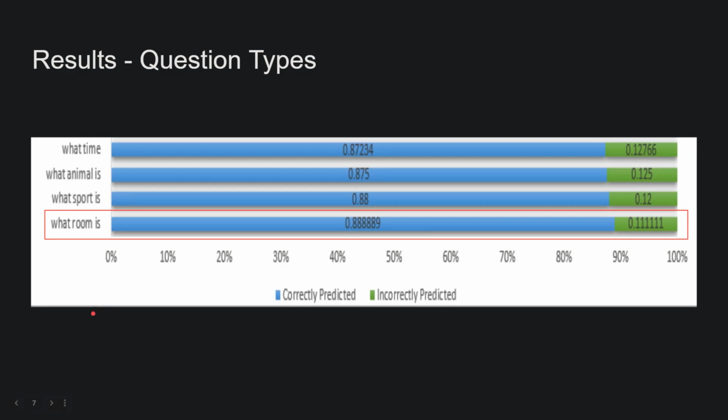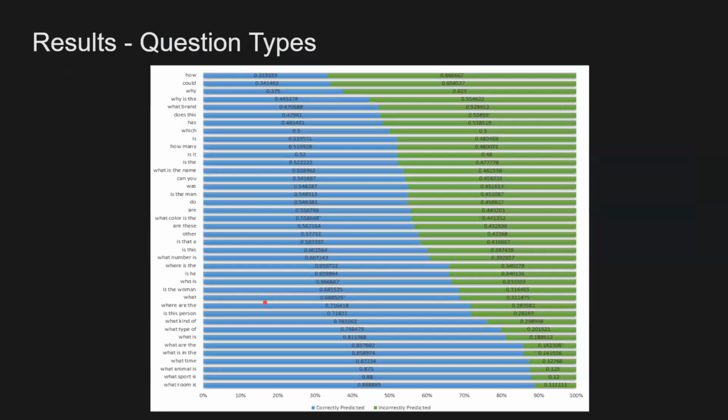And the answer could be entry room or kitchen. The two bars next to the question type are the percentage of correctly answered in blue and incorrectly answered in green. For example, for the "what room is" type, it achieved 88.89% accuracy. So these are the question types with their corresponding accuracies.